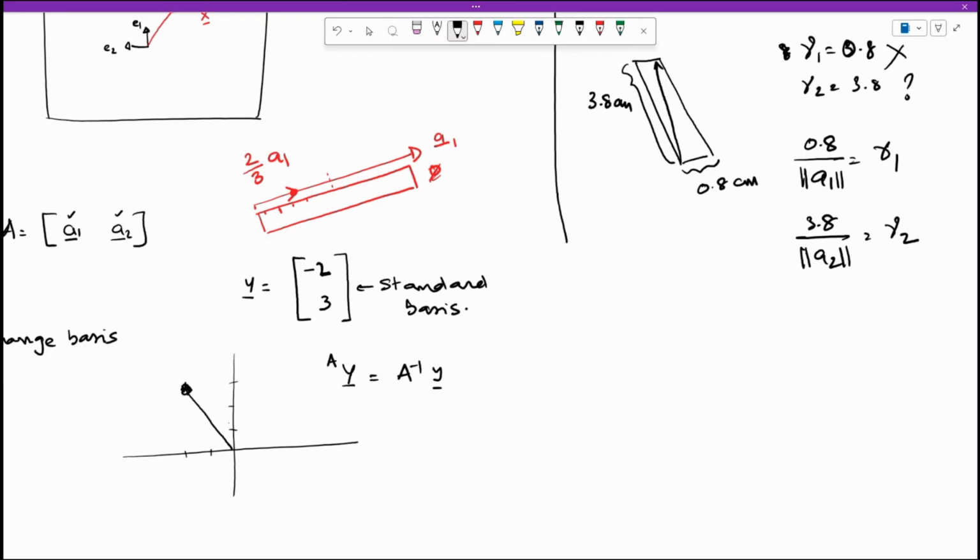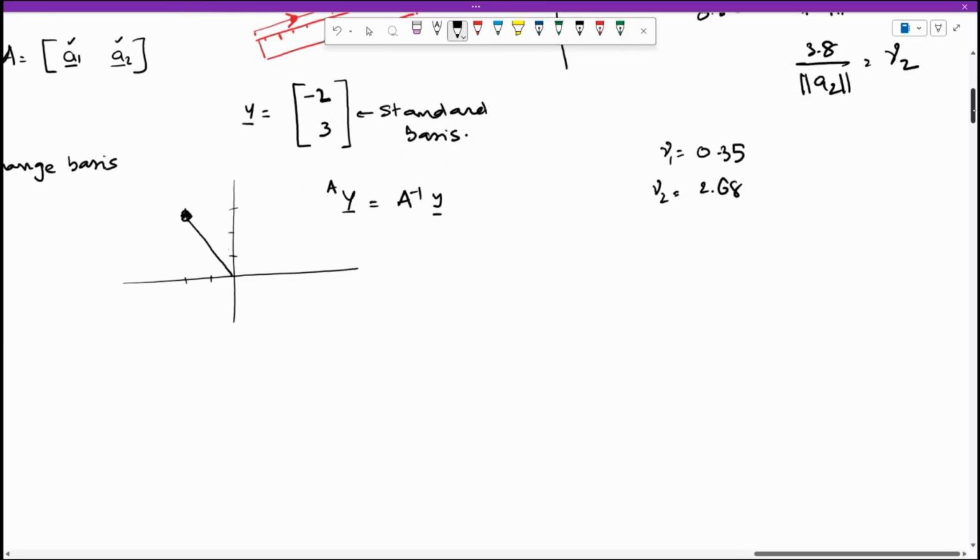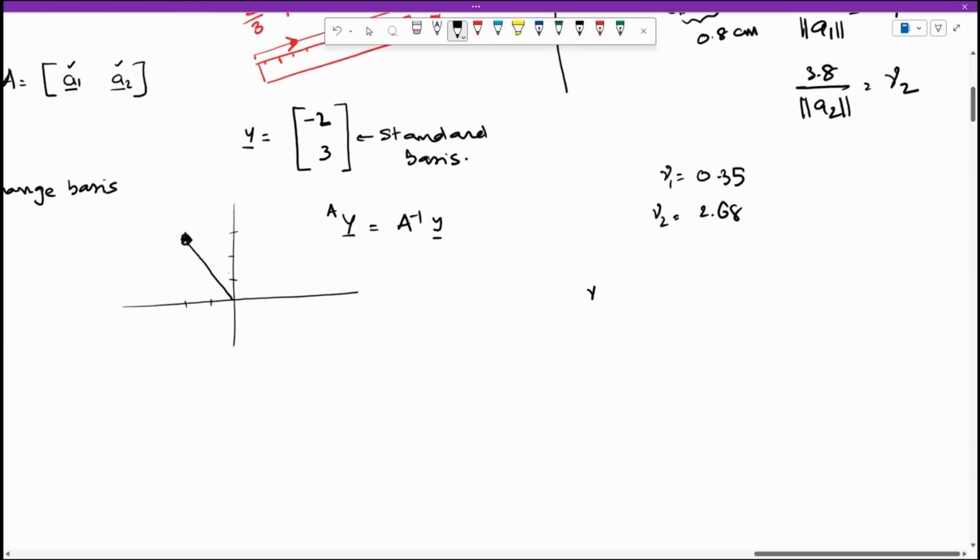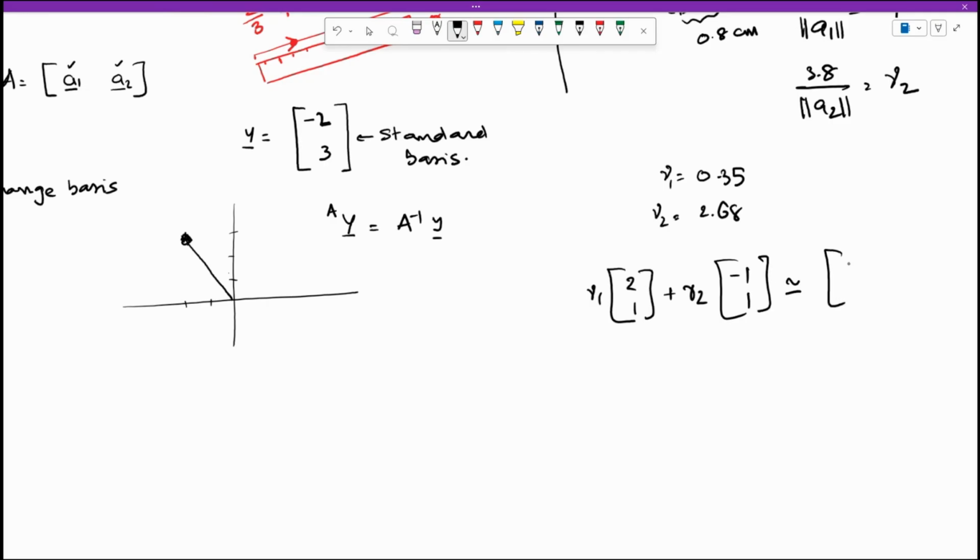Then tell me what is gamma 1 and gamma 2. Okay. Now let's just verify that gamma 1 times (2, 1) plus gamma 2 times (-1, 1) approximately gives us (-2, 3) or something like that.